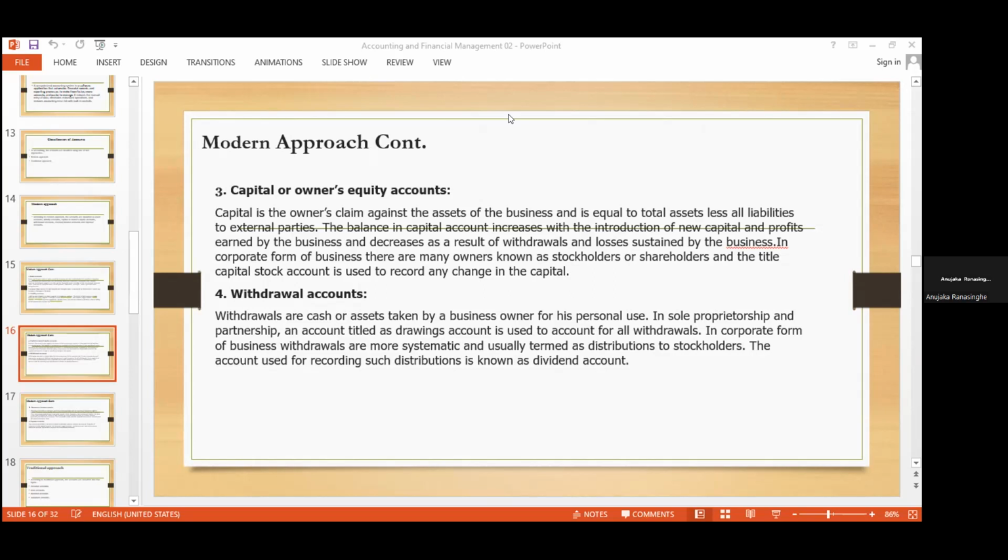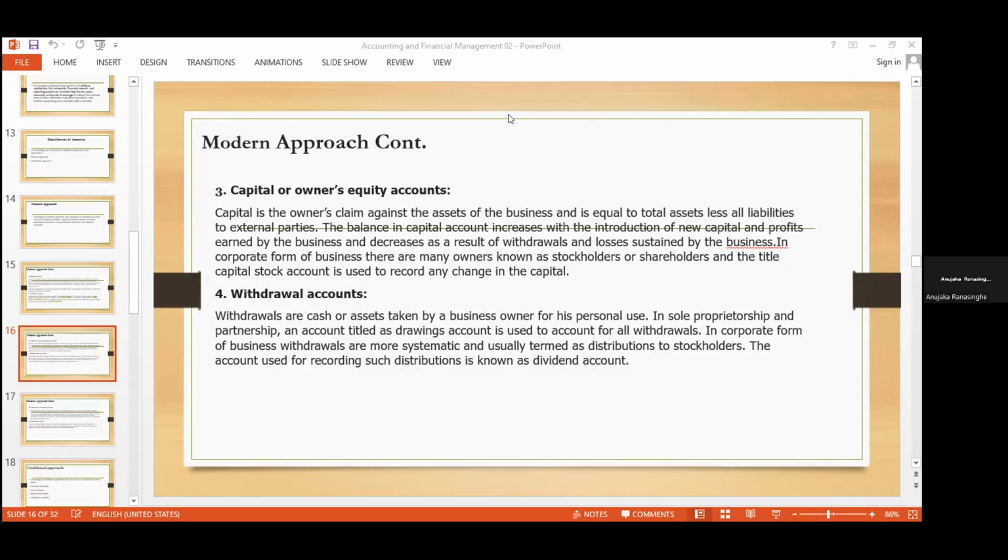In the modern approach system, we maintain separate accounts for capital and owners equity. All the transactions, where owners deposit some money and withdraw some money, are entered in the capital and owners equity accounts.